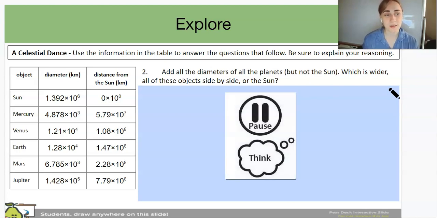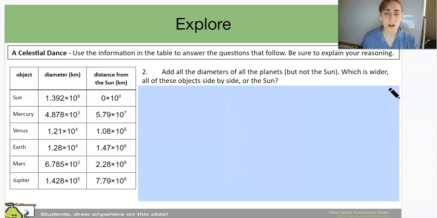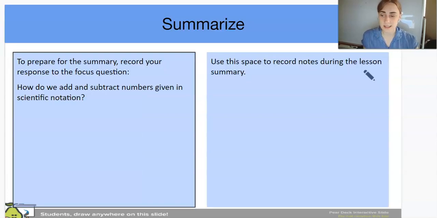Pause, do your thinking. Make sure you focus on a strategy and understanding the problem first before you start operating. And once you've had time to think and show all of your reasoning in the blue rectangle, we'll move on to our Summarize section on slide D.